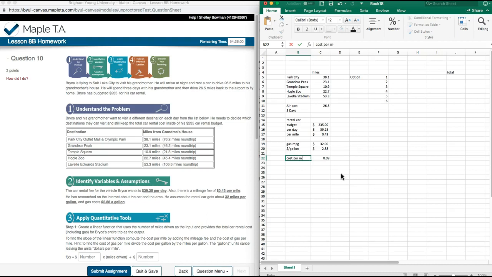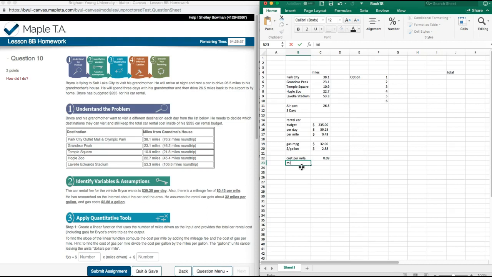Cost per mile, and we need to add that to the cost per mile here, which is 0.43 per mile, and that tells me this number, how many of what I need to times by miles driven. So we have mileage cost, which was 43 cents right here. Oh, per mile, there we go.